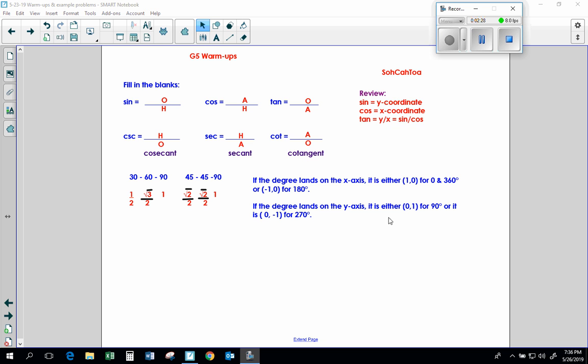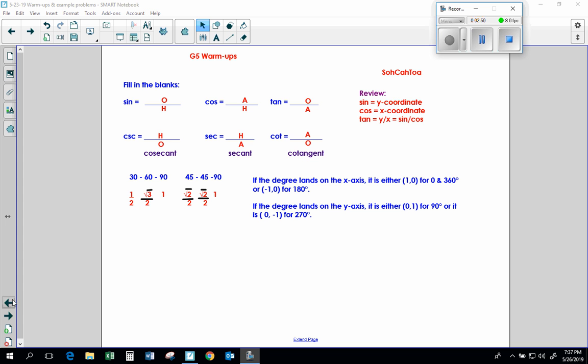Or if it lands on the y-axis, we either have 0, 1 for 90 degrees or 0, negative 1 for 270 degrees. So we would just be drawing a segment for these angles right here if they asked us to find anything with these angles. Otherwise, it's going to be a multiple of the 30-60-90, or a multiple of the 45-45-90s, and these will all be triangles that you'll be drawing within quadrant 1, 2, 3, or 4.